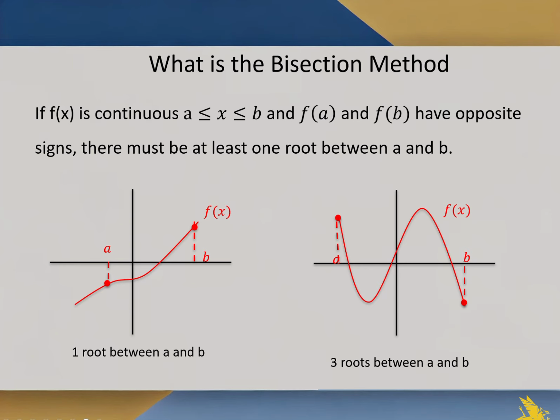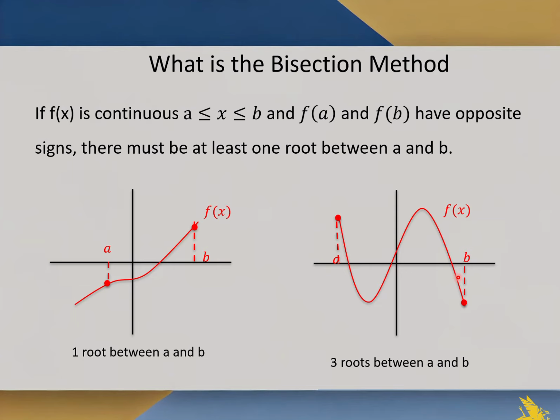So I've just got two graphs here, and we can see if I pick A and B and I times them together, I've got a positive and a negative, so it's just going to give me a negative. Likewise with my second graph, if I pick point A and B, I'm still going to get a negative, which means that I have a root.